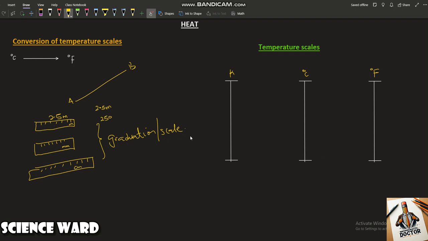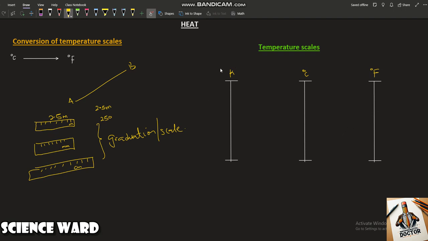This is a mercury in glass thermometer, but the scale is graduated in Kelvin. This is also a mercury in glass thermometer, but the scale is graduated in Celsius. And this is also a mercury in glass thermometer, but the scale in this case is graduated in Fahrenheit.